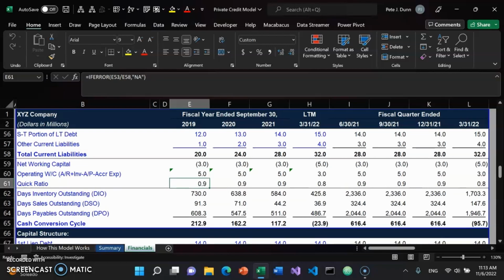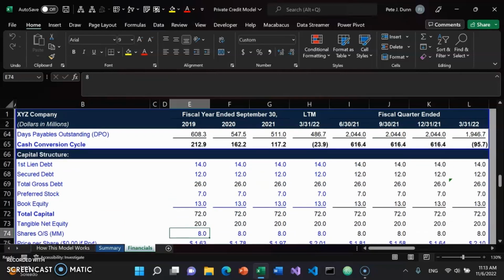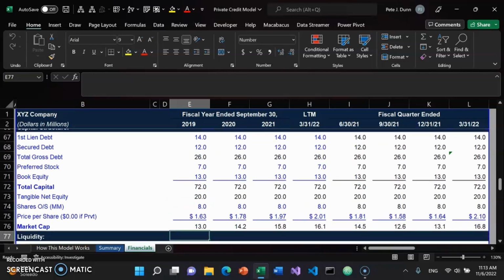For quick ratio, I'm just saying that's equal to the current assets minus current liabilities. Then we have days of inventory, days of sales, and days of payables outstanding. And the cash conversion cycle is equal to DOI plus DSO minus DPO. Finally, you'll see some various debt numbers as well as equity capital.